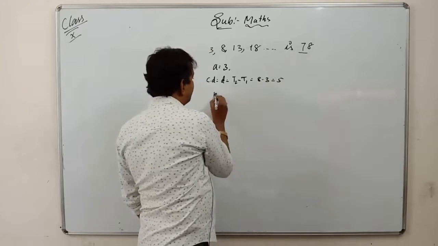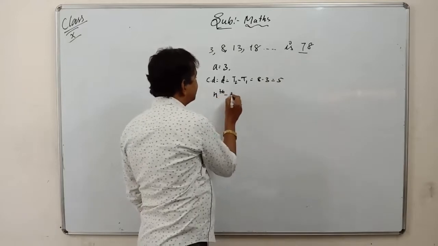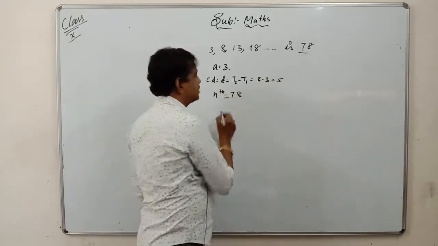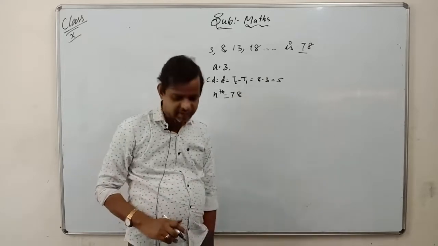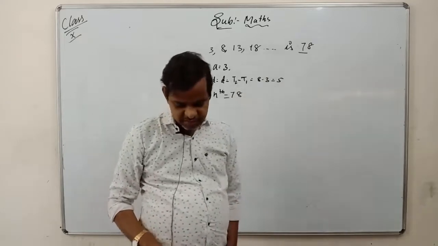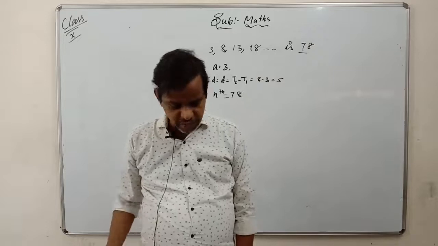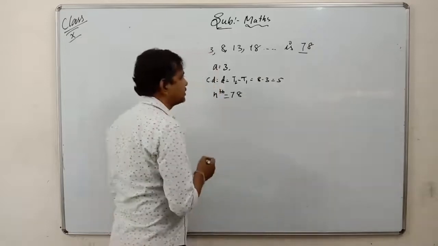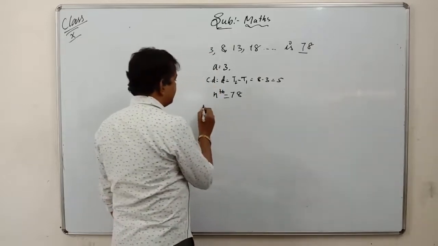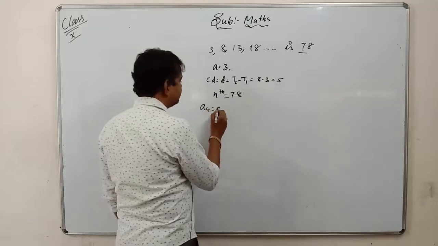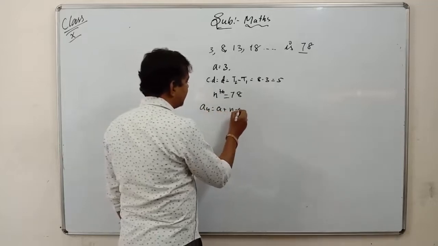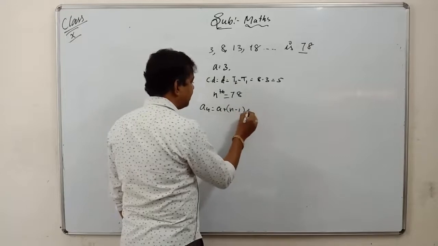So the nth term is given as how much? 78. He has given the nth term as 78. So we know that I can write it as Tn or An. For that you can write An equals a plus n minus 1 d.